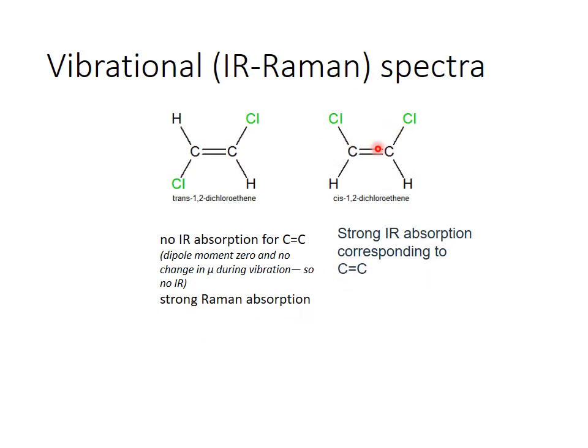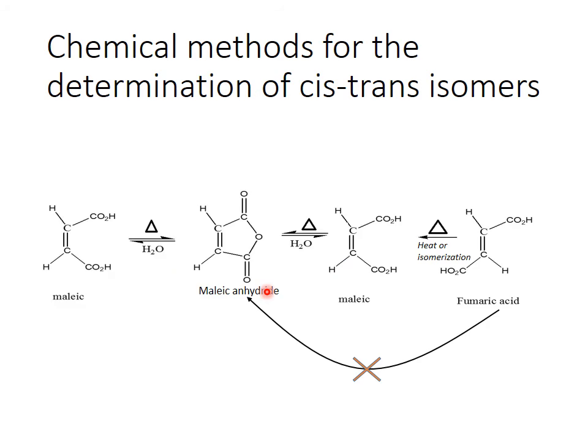In the case of the cis isomer, both IR and Raman spectra can be used to see the C=C stretching. So the C=C stretch would be present in IR and Raman spectra for cis 1,2-dichloroethene, but for the trans isomer, the C=C stretch would be absent in the IR spectra and present in the Raman spectra. This is due to the difference in dipole moment.